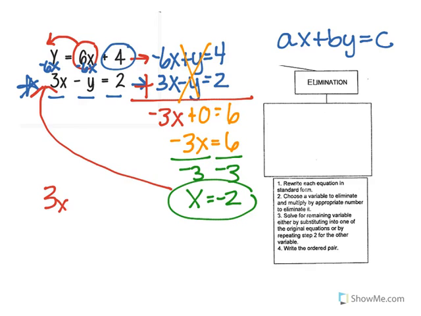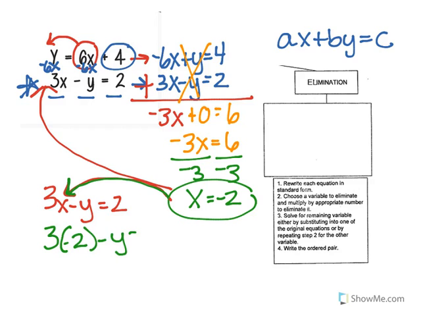So 3x minus y equals 2, and I'm going to substitute this x. So instead of putting x, I'm going to put negative 2, and I'm going to solve for y. 3 times negative 2 gives you negative 6 minus y equals 2.